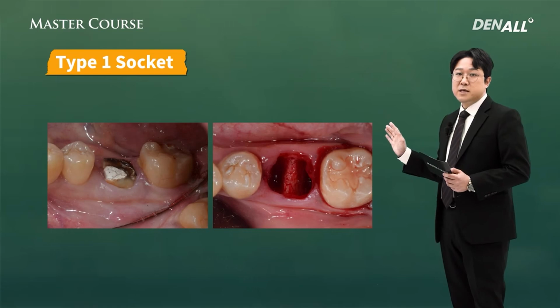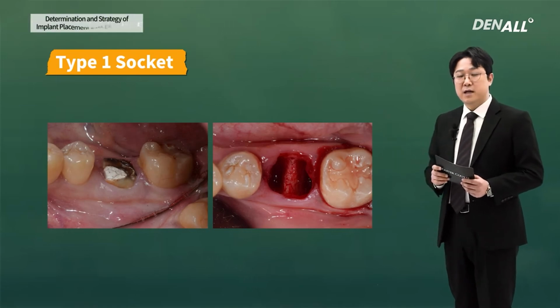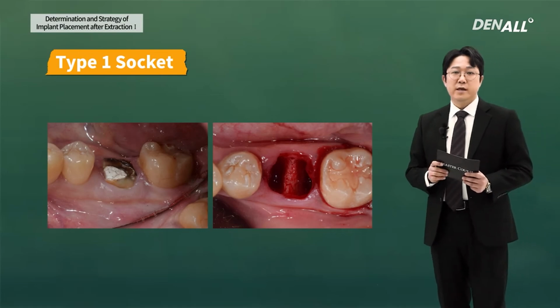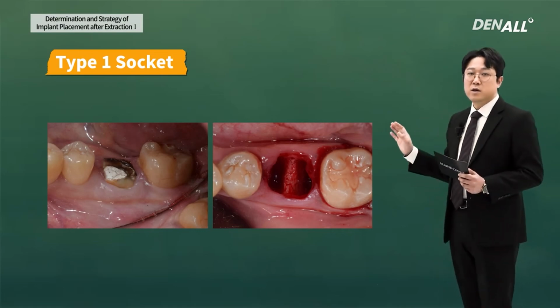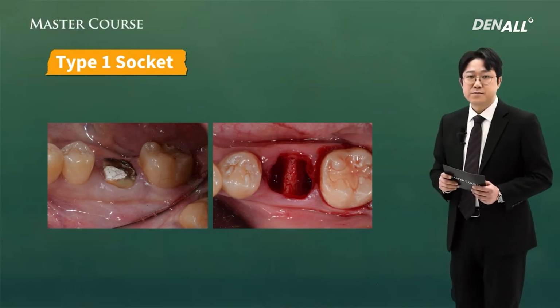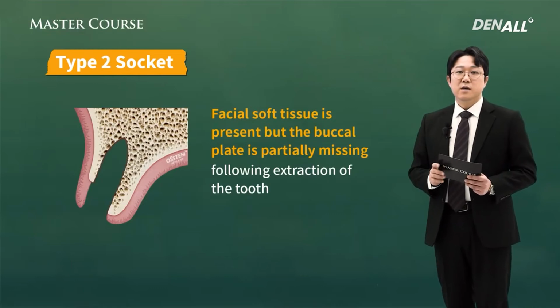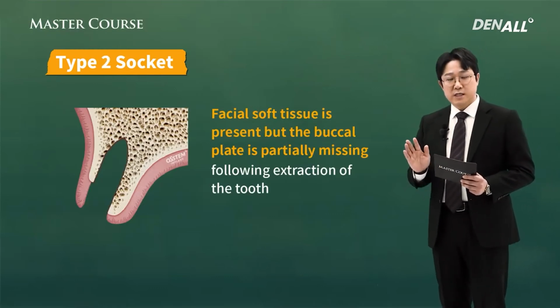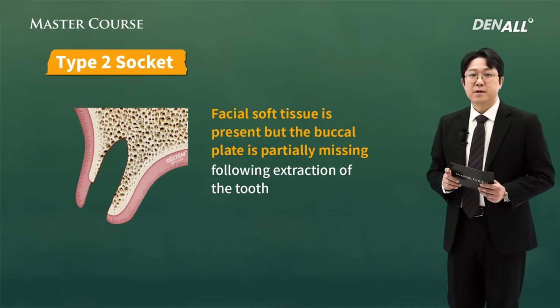Sometimes we do tooth extraction due to severe fracture or severe caries. After extraction, the bone and soft tissue of the socket are well maintained in these cases. Second, there is resorption in the buccal wall and there's no soft tissue resorption.